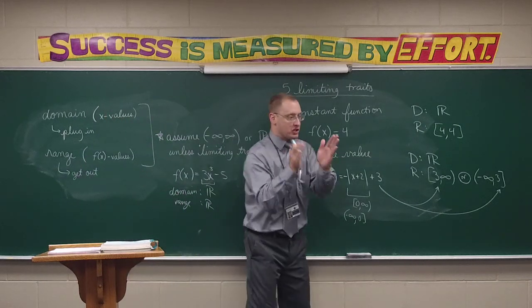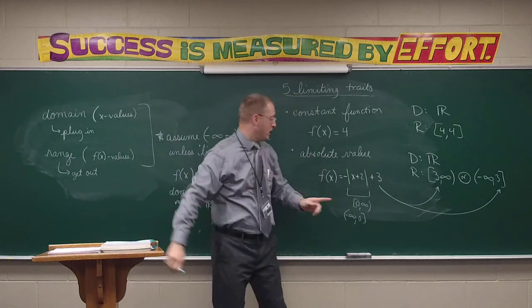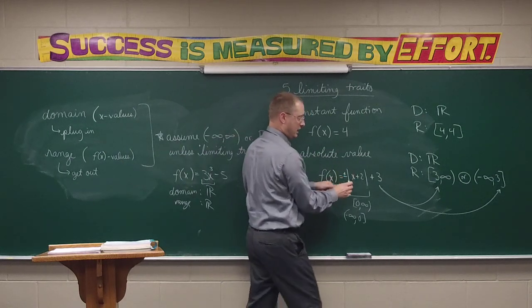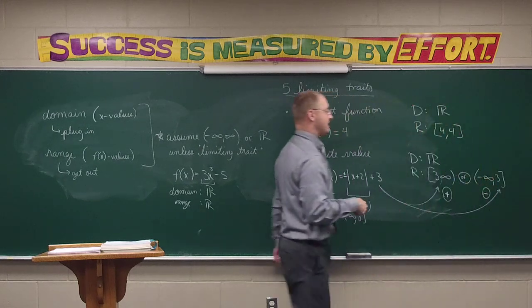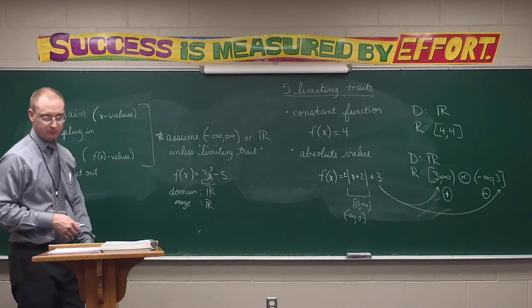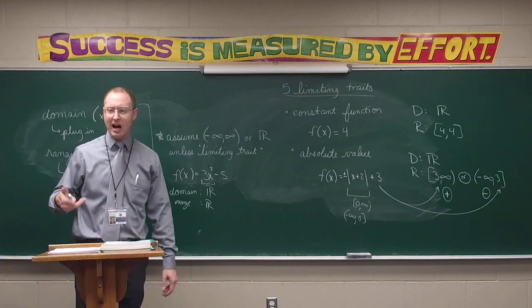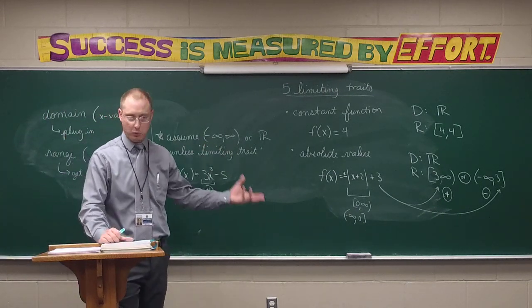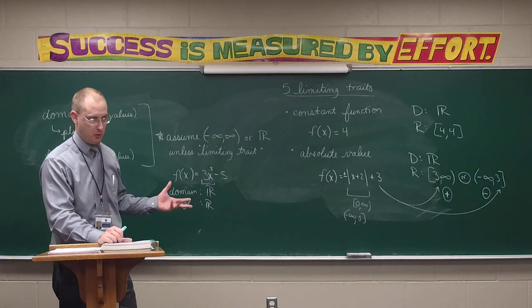How do you determine whether it's 3 and up or 3 down? It all hinges on whether it's positive or negative. A positive takes you up to infinity, a negative would take you down to negative infinity. Make sense? Again, these are things we'll memorize, but if you can understand how the math works, you don't have to memorize so much, it's just kind of figure out patterns, and that's what I'm shooting for.